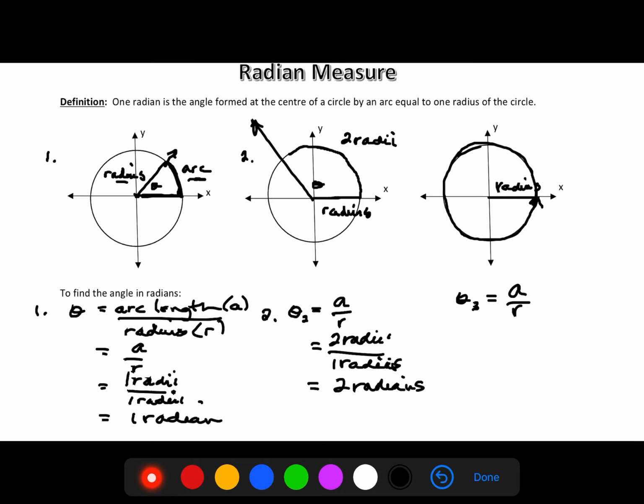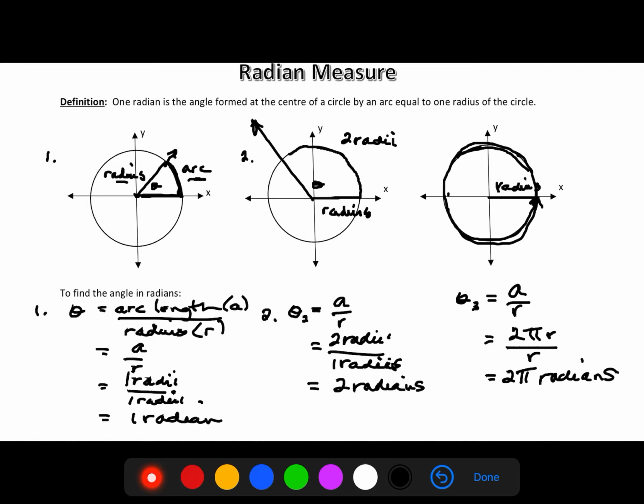Well, when we take a look at our third one, our arc over our radius. Our arc in this case is 1 rotation around, which we know how to measure as circumference. So 2 pi r over radius means that 1 full rotation is 2 pi.